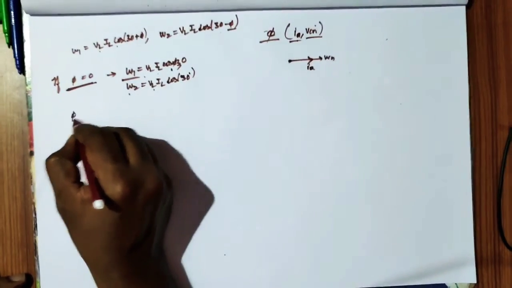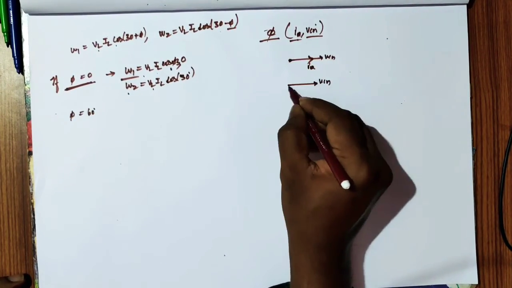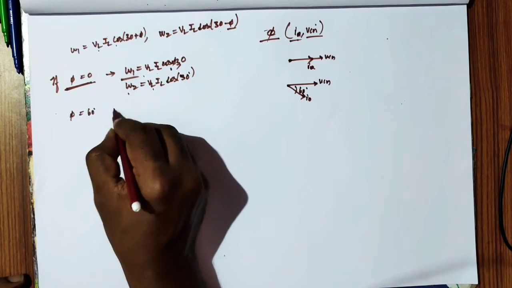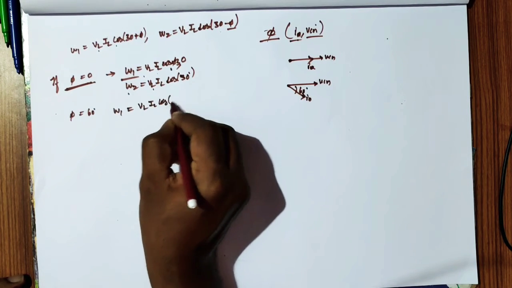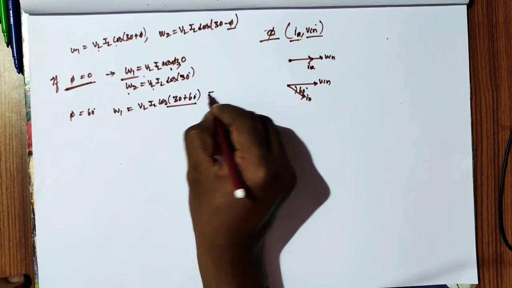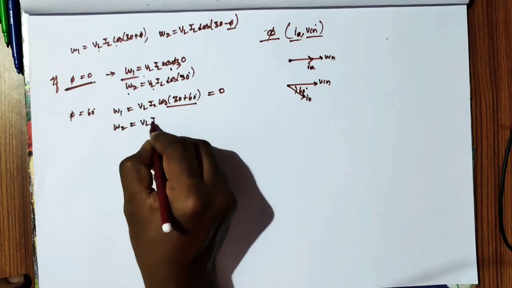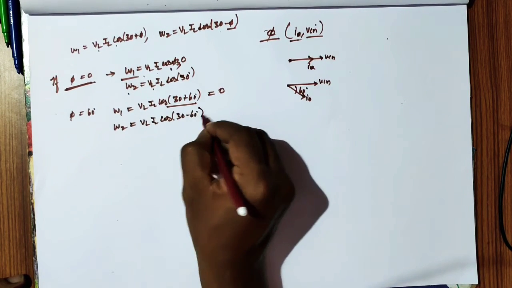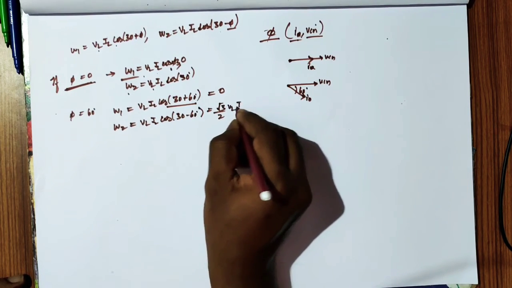If phi equals 60 degrees, that means the phase angle between Vn and line current IA is 60 degrees, then W1 equals VL IL cos of 30 plus 60. Cos 90 equals 0. W2 equals VL IL cos of 30 minus 60, so the value obtained is root 3 by 2 VL IL.